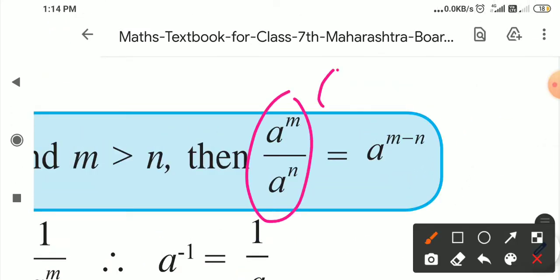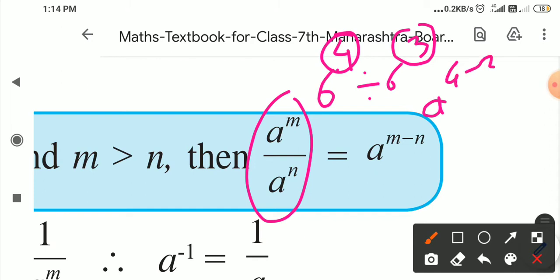Just now we saw the example, 6 raised to 4 divided by 6 raised to 3. Here it is M and here it is N, and M is greater than N. At that situation, A raised to M divided by A raised to N equals A raised to M minus N. 4 minus 3 equals 1, A raised to 1 means only A.